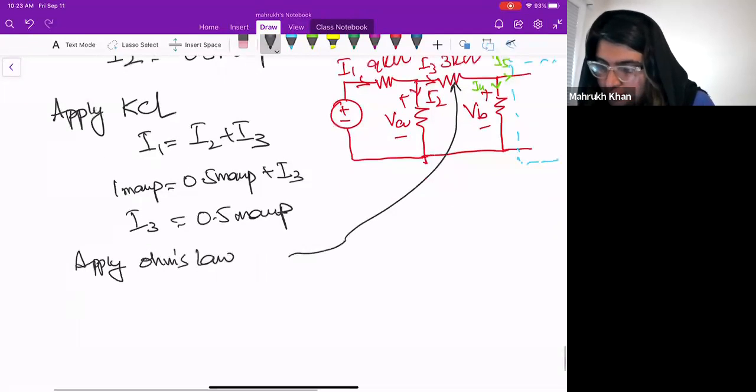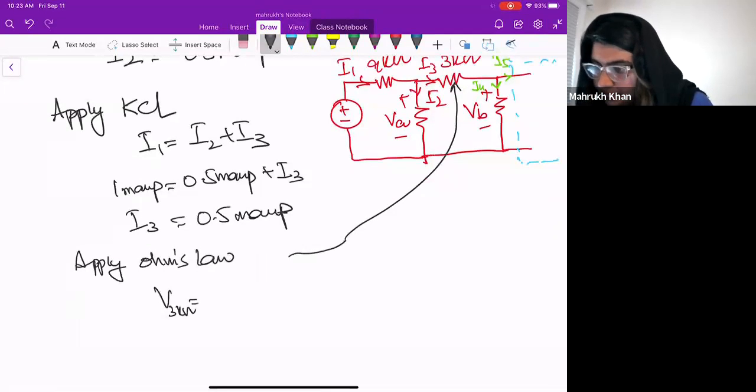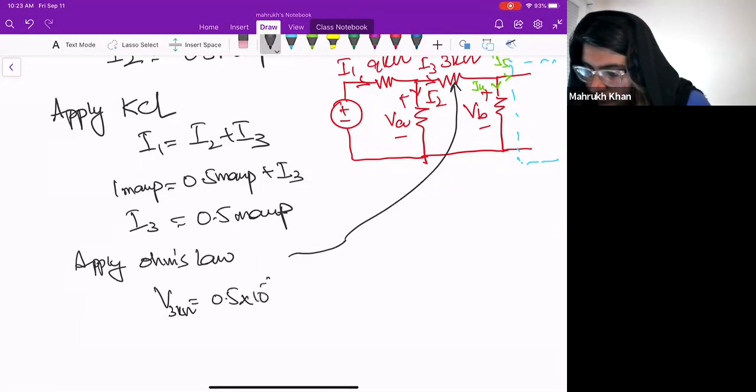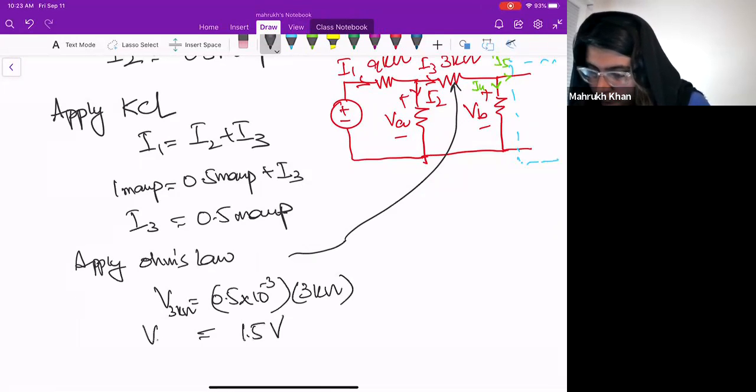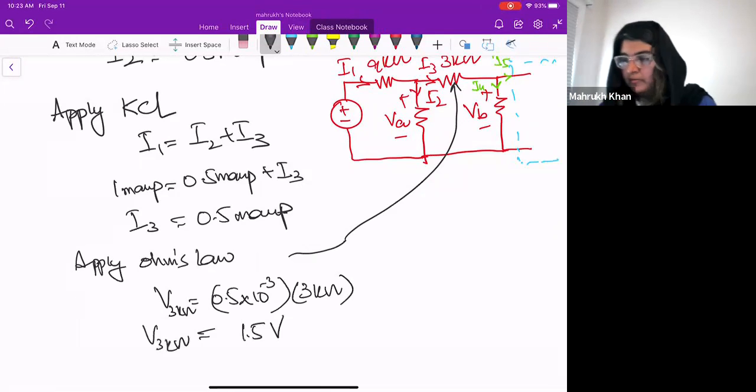And this voltage drop across 3 kilo ohms will be, right?